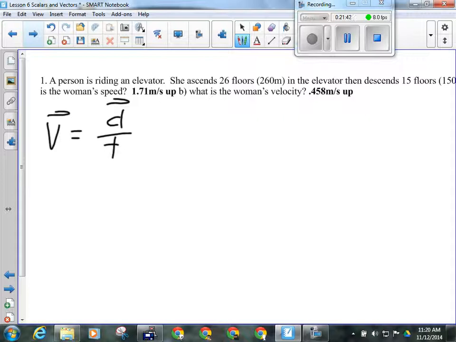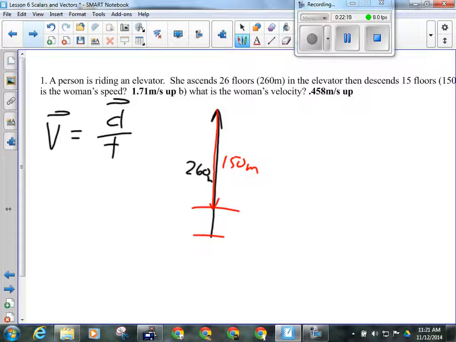So on this one here, we have a person who goes up 260 meters. And then they descend 150 meters. That space right there represents their displacement because it's how far from where they started they finished. How am I going to find out how much that is?